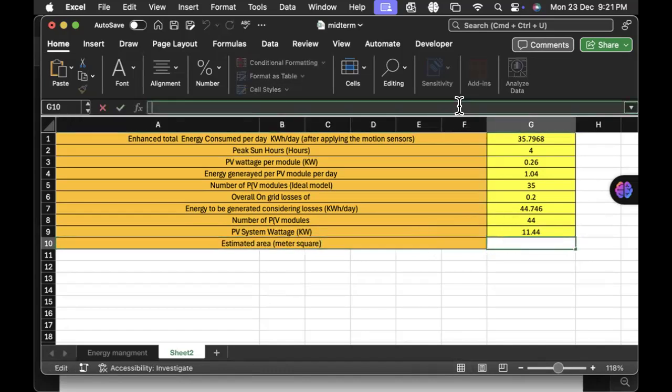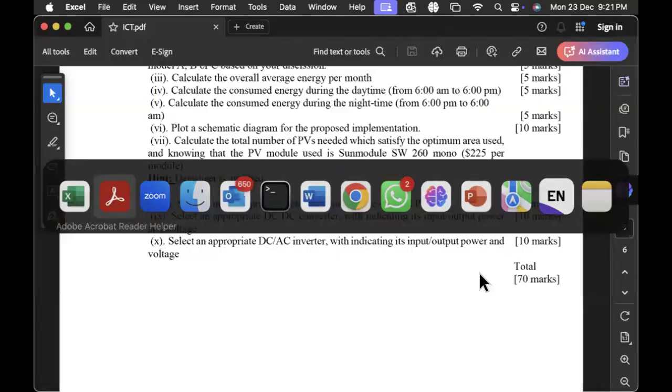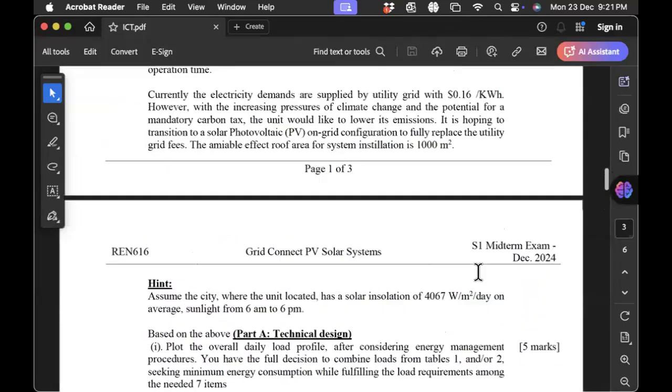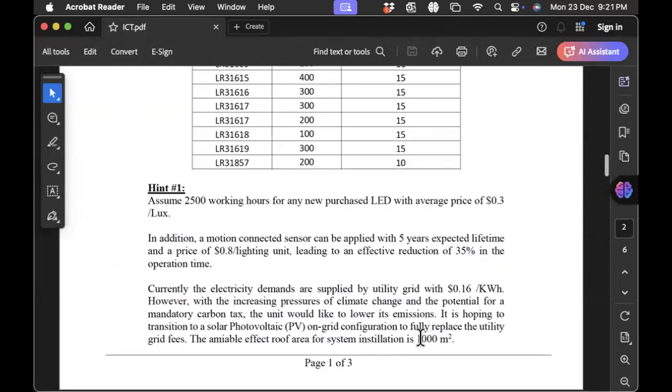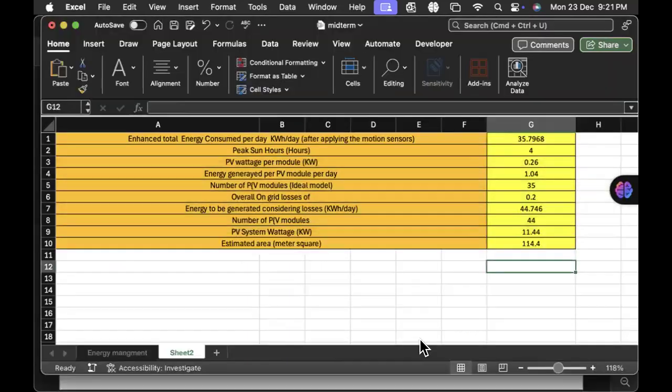If you remember, we estimated that every kilowatt of PV system will occupy about 10 square meters. So this ends up that we need about 114.4 square meters. And if you return to the question, you will find that you have an available area of 1,000 square meters, which is much greater than what you need. So in our case, the area is not a restriction in implementing the system.